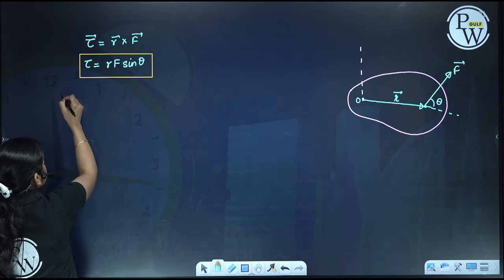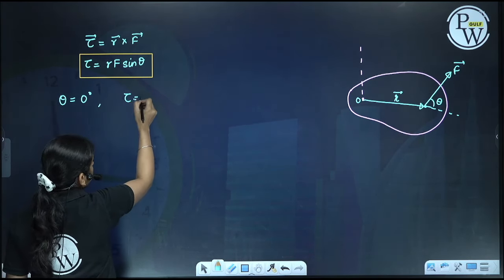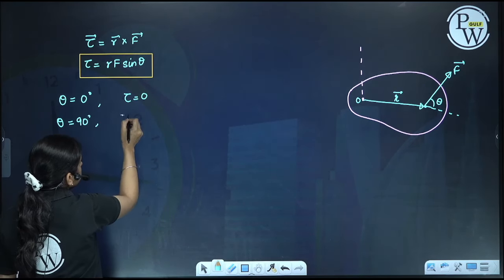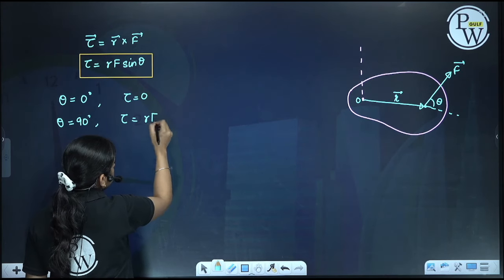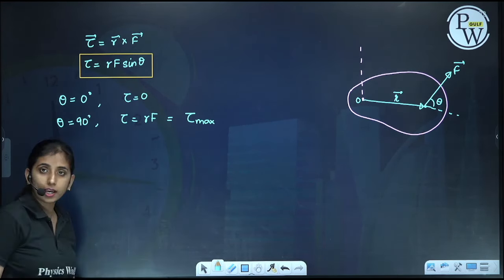Now if theta, the angle between R and F, is 0, then torque will be 0. If theta is 90 degrees, then torque will be simply R into F, and this is the maximum torque which can act.